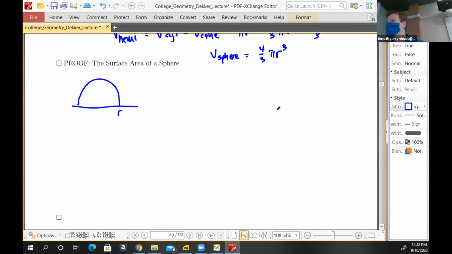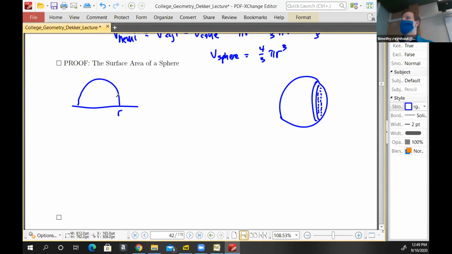But slightly different: it's the same process, but we're going to take a band of it. So there's a band, and we want to make some calculations for the surface area of just the band, and then integrate over that.